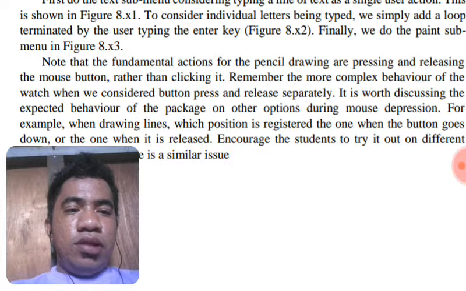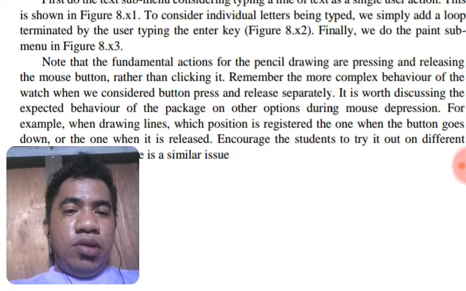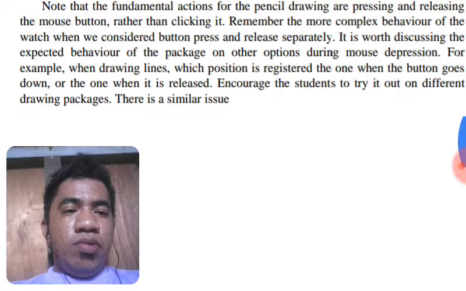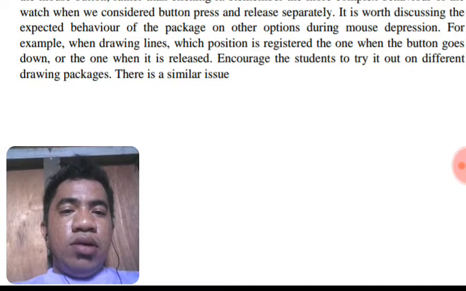It is worth discussing the expected behavior of the package on the other options during mouse movement. For example, when drawing a line, which position is registered? The one when the button goes down, or the one when it's released.